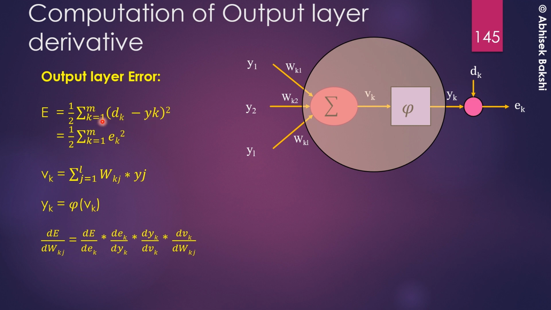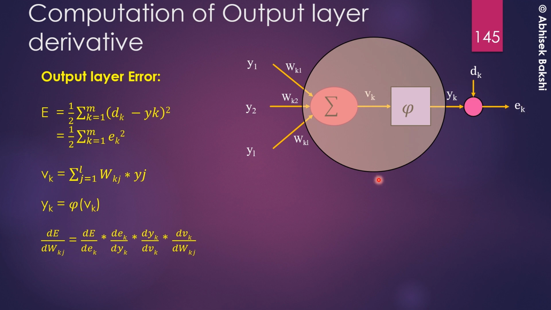Why? Because we are trying to understand the total error, that means the cumulative error from all the output layer neurons. So if k value is 1, then this should be e1.